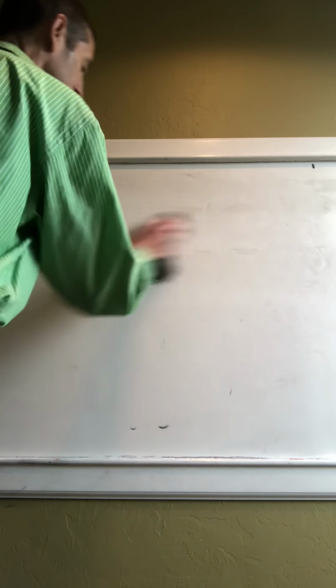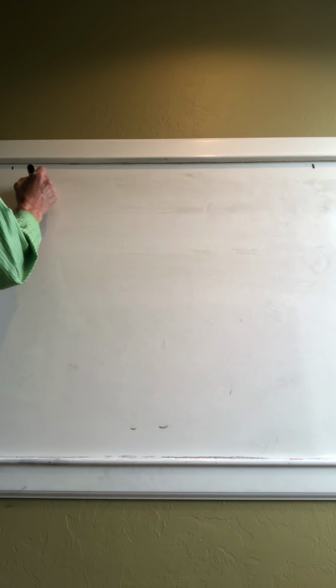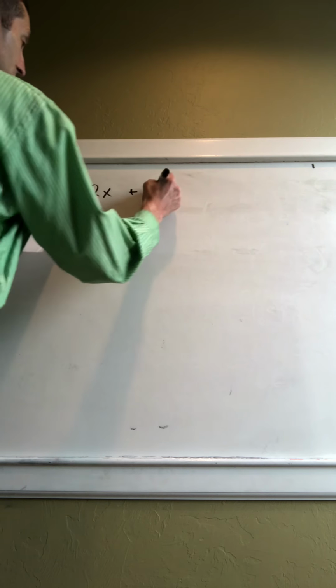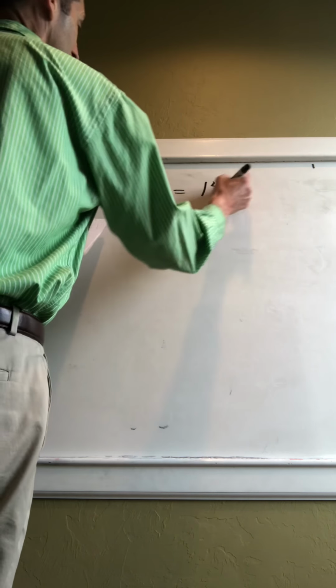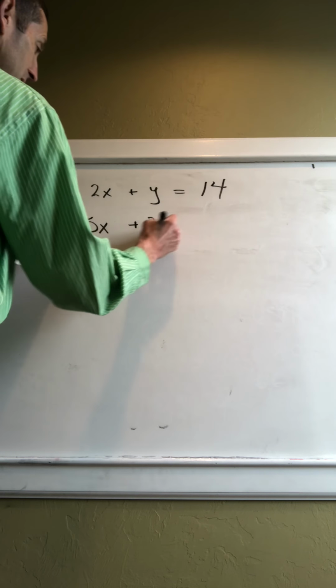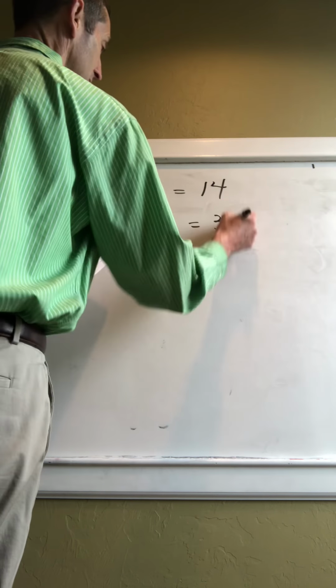So homework 11, solving by substitution. Okay, solve by substitution. Let's do them. So 45 is 2x plus y equals 14. 5x plus 2y is 31.